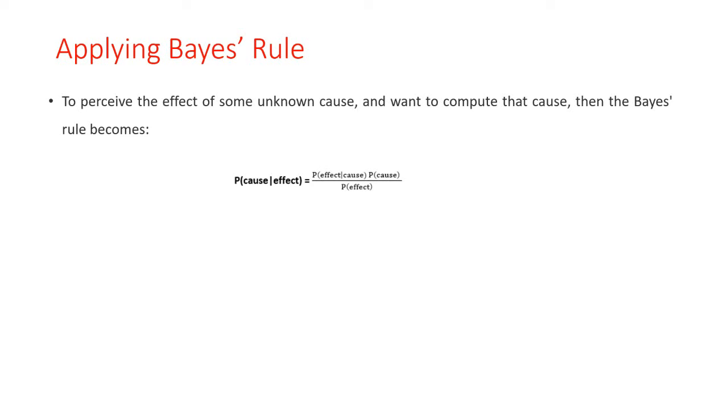Suppose we want to pursue some effect from unknown causes and want to compute those causes. Then the Bayes rule becomes the probability of cause given effect is equal to the probability of effect given cause into the probability of cause, divided by the probability of effect. By using this type of formula we can apply the Bayes rule.